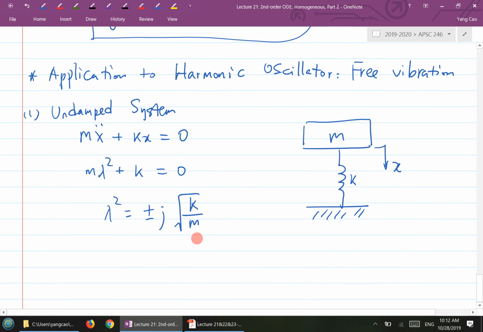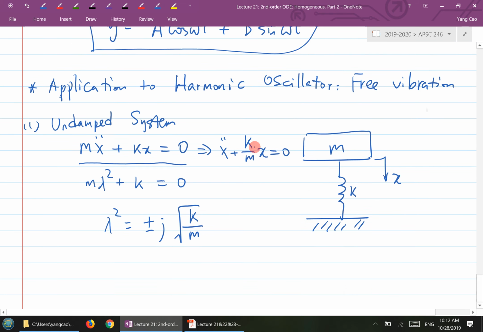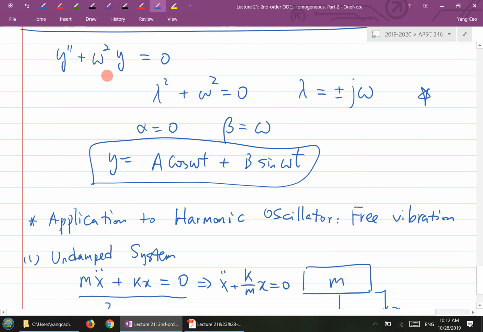That equation is the same as x double dot plus k over m x equal to 0, if you divide both sides by m. So this equation is the same as the previous example, isn't it? When you put an omega square here, the solution is A cosine omega t plus B sine omega t.